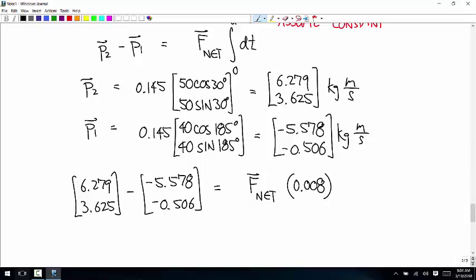That's what you get from the integration. And you get that F net is equal to 1482.1 for the x component and 516.4 for the y component. This is newtons.